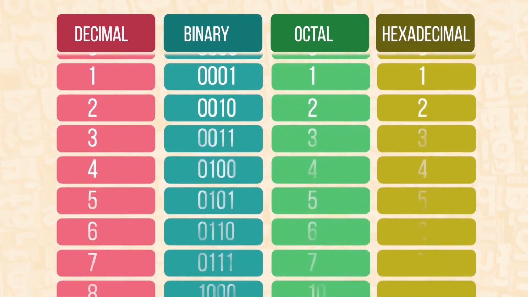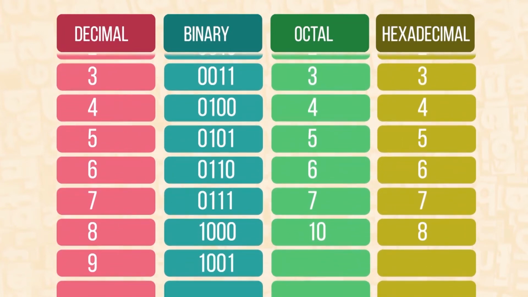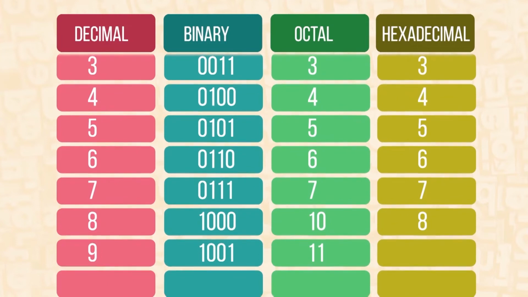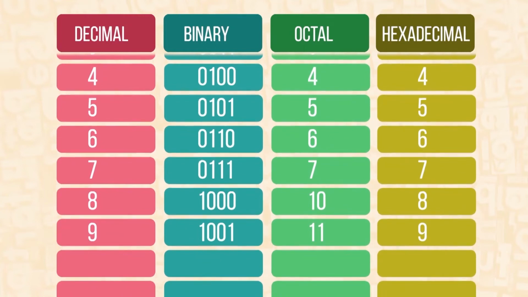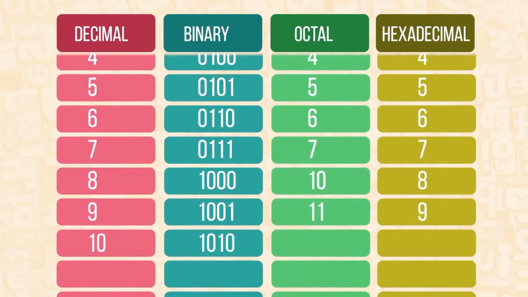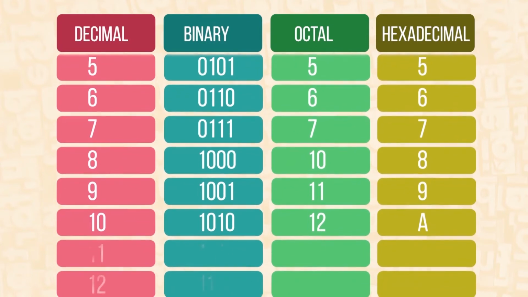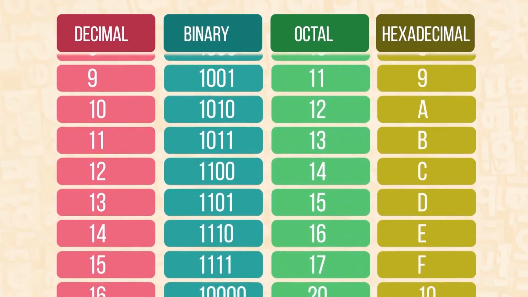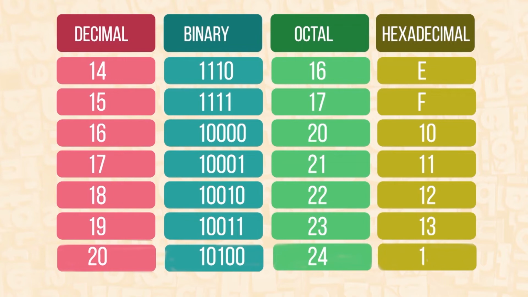When you go through the table, finally when it reaches 9, the decimal representation is 9, binary representation is 1001, octal representation is 11, hexadecimal representation is 9. And for 10 in decimal, the binary representation is 1010, octal representation is 12, and see the hexadecimal representation is A. And it goes on like this. Finally, for 20, the representation in binary is 10100, in octal it is 24, and for hexadecimal it is 14.